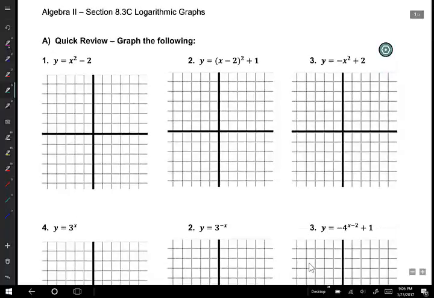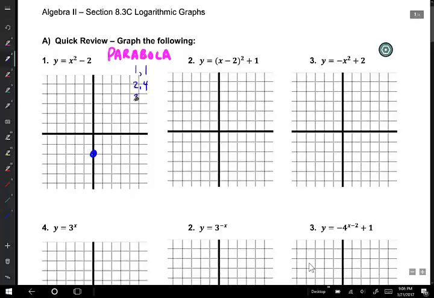Our first one, as you can see, is a parabola because it has an x squared in it. So let's plot our vertex, which is going to be at 0, -2. And then, as you know, a parabola's pattern is 1, 1, 2, 4, 3, 9 in terms of over and up.